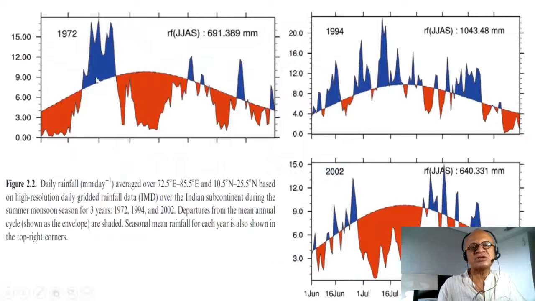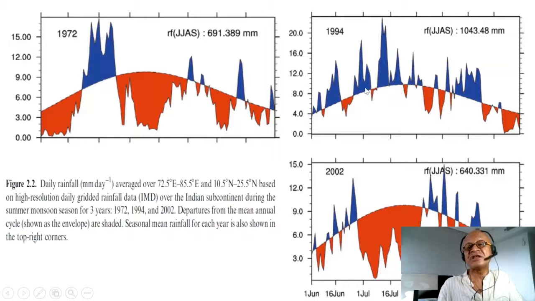And the other question is also, when you look at the active break periods over the Indian region, we said we have a 10 to 20 day band and a 30 to 60 day band. And if you just eyeball this, you think dry years like 72 and 2002 have more of the 30 to 60 day variability, and a wet or normal year maybe has more of a 10 to 20 day kind of structure, or maybe a mix of 10 to 20 day and 30 to 60 day.